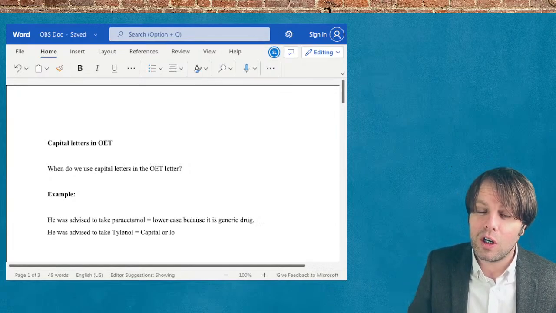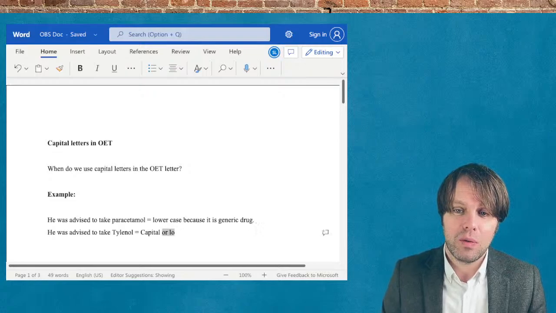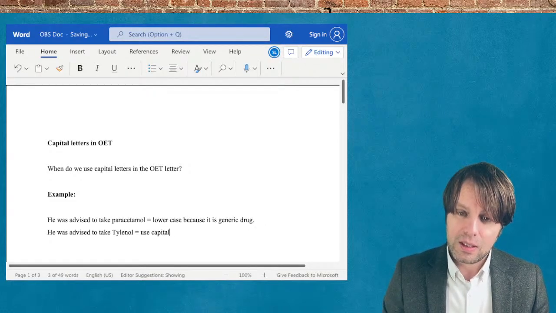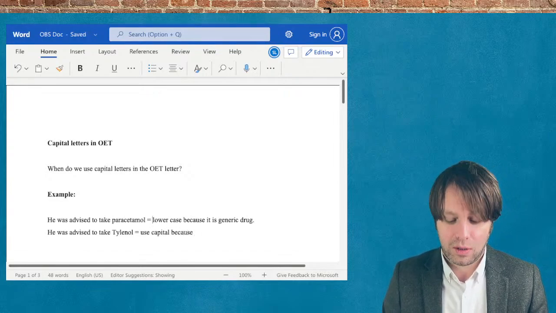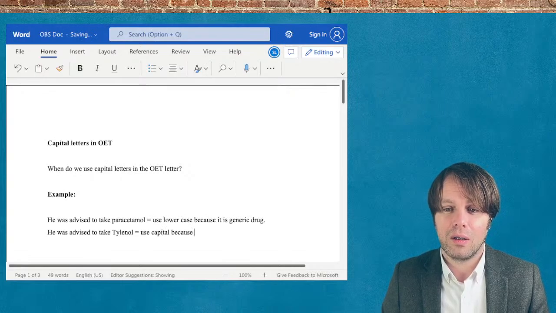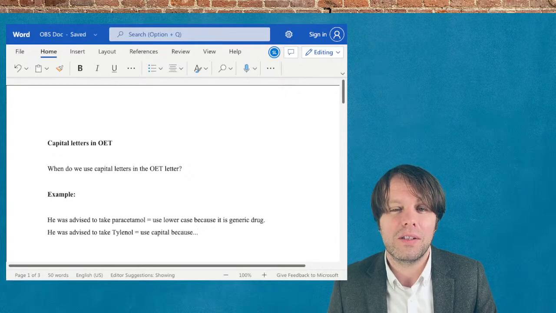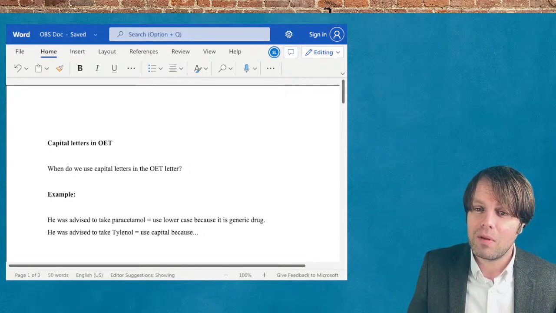But for Tylenol, here we would use a capital letter. What is Tylenol? I'm sure medical professionals will be able to tell me. Tylenol is paracetamol. It's the same thing, I believe.